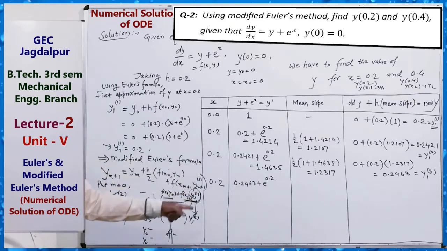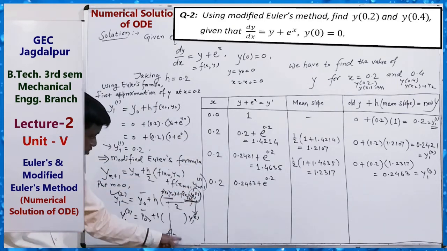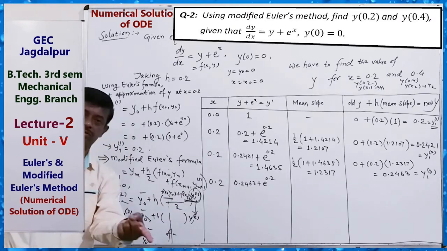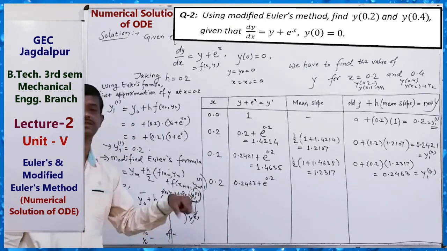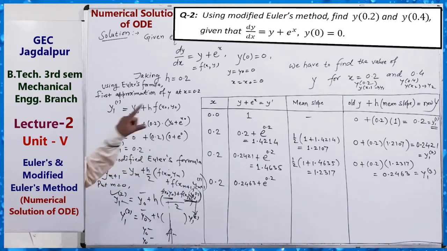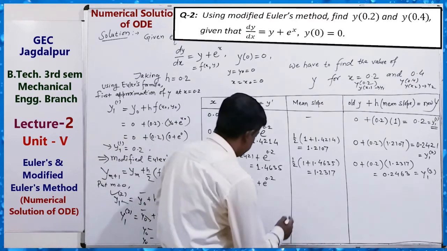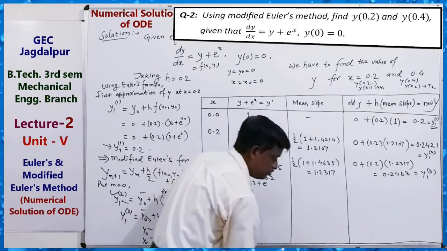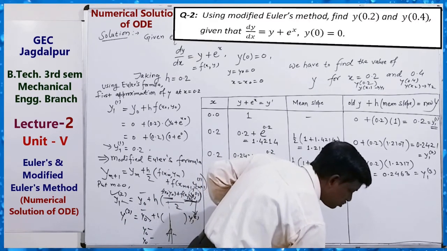Okay, x will remain the same value, x1 will continue, and y will change from the previous value. Clear? So here this is equal to, we can solve, 1.4677.